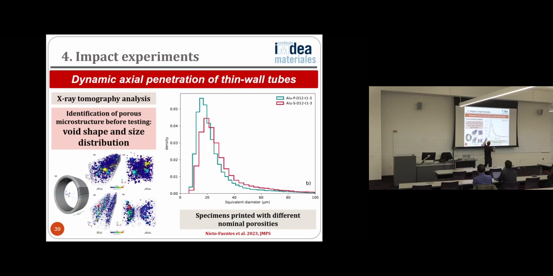This is a histogram showing the distribution of void sizes for two different specimens that we tested. Assuming that the voids are spherical, which is a pretty good assumption, we can see that the mean void size is around 15 to 20 micrometers. And we still have some very large pores with diameter larger than 80 micrometers.